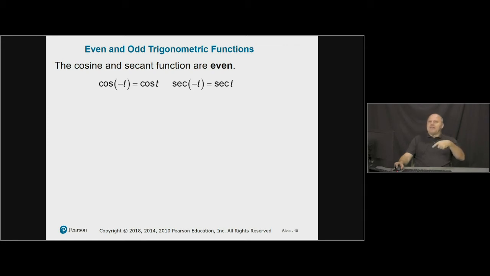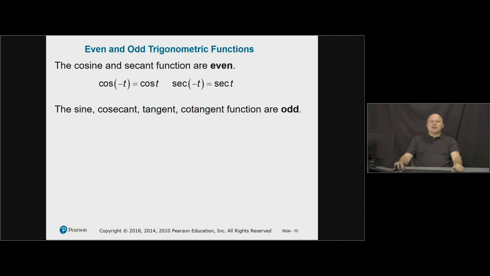But they both have the same x-coordinate, and cosine is the x-coordinate, remember? So they would both be the same value. That's why cosine of negative t and cosine of positive t are the same thing. And the secant is the same thing just because of the reciprocal aspect of it.